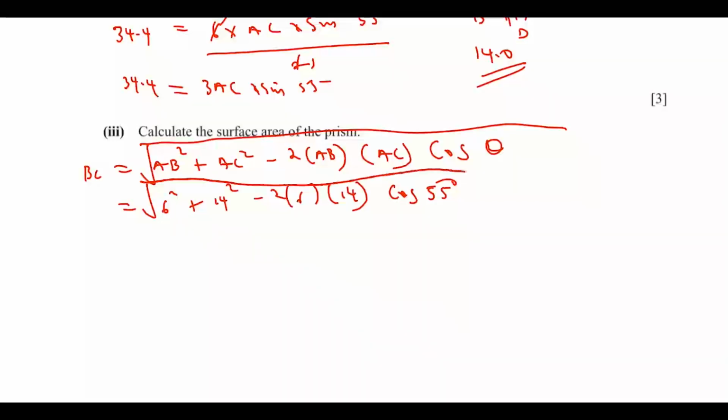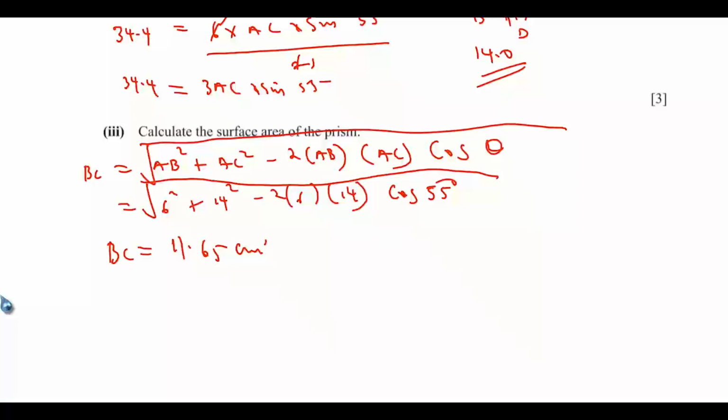If you input this into your calculator, you should get the value of BC to be 11.65 centimeters. Now we can start to calculate the areas of the shapes.